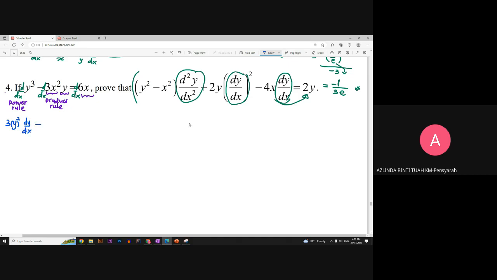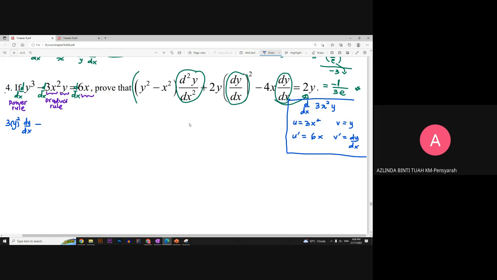Minus. I'm going to put it aside. Kena tunjukkan clearly kamu punya u prime, v prime to differentiate 3x squared y. With the u equals to 3x squared, u prime equals to 6x, v is y, v prime is dy per dx.